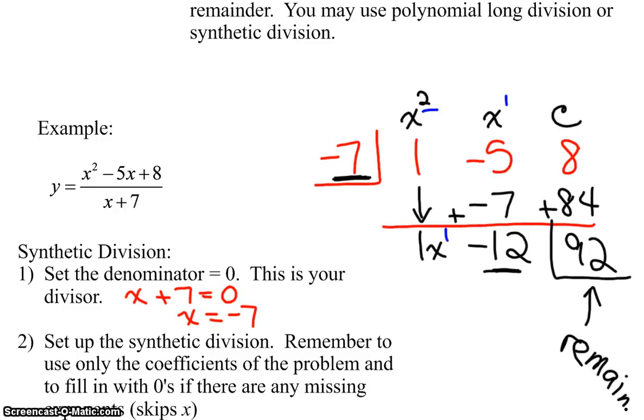X to the first becomes x to the 0, which is just the number 1, so it has no x there. So our answer for our slant asymptote is y equals x minus 12, because we ignore the remainder. That concludes your lesson on asymptotes.